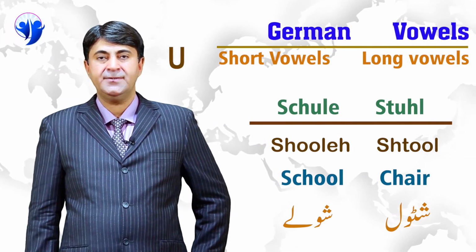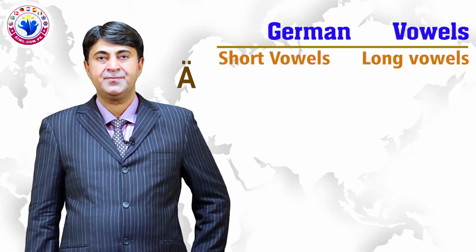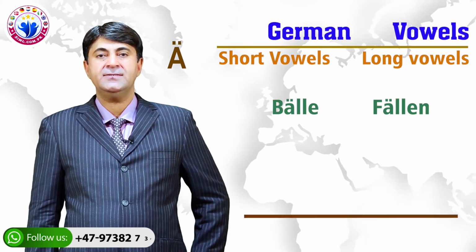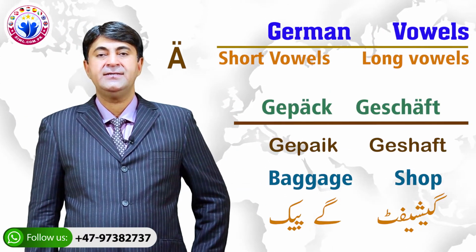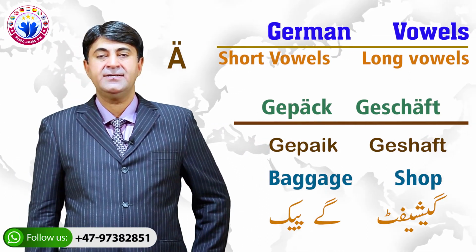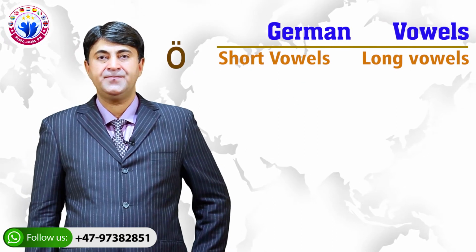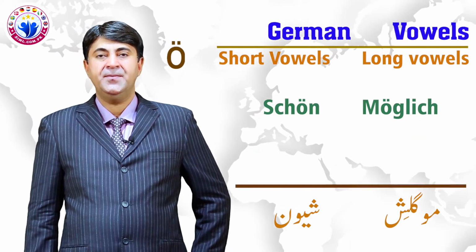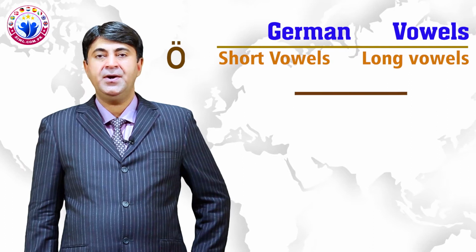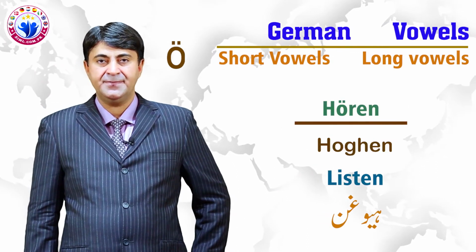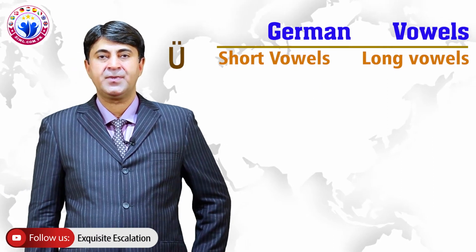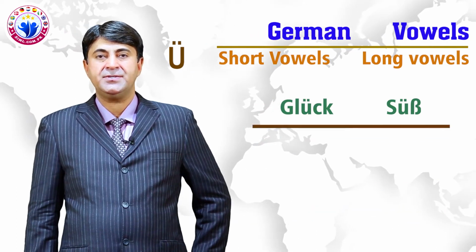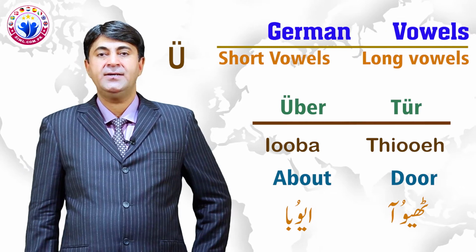Ä: Bälle, fällen. Gepäck, Geschäft. Ö: Schön, möglich. Hören. Ü: Glück, süß. Über, Tür.